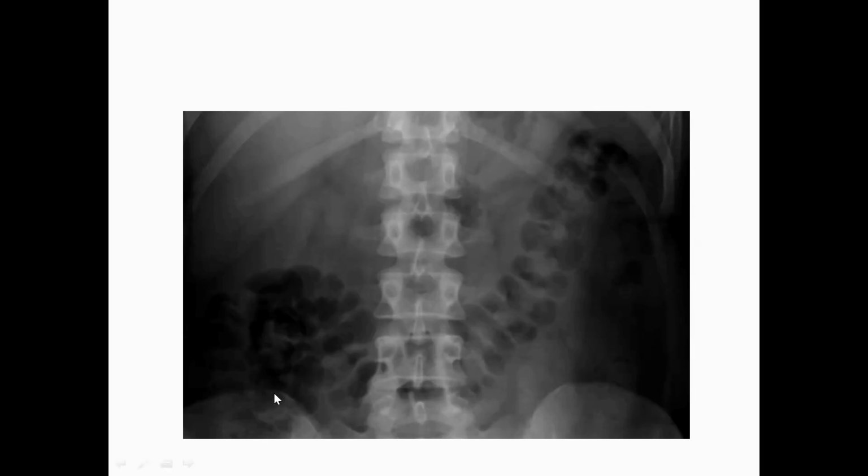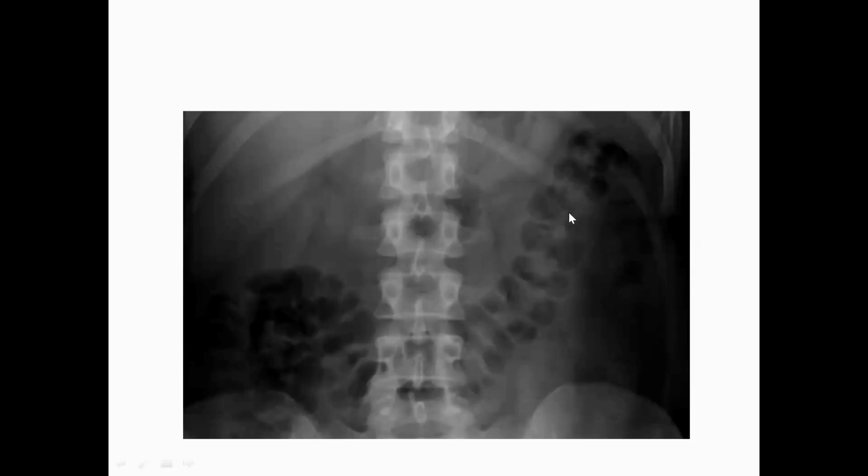Usually, the large bowel is variable in position. This is the ascending colon. The ascending colon, descending colon and rectum are retroperitoneal, that's why they are relatively constant in position.